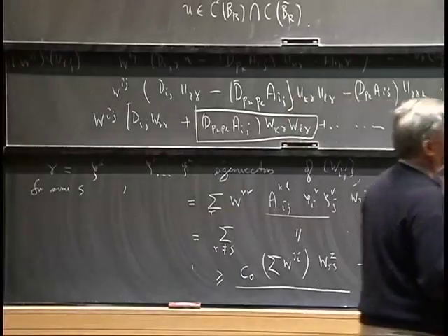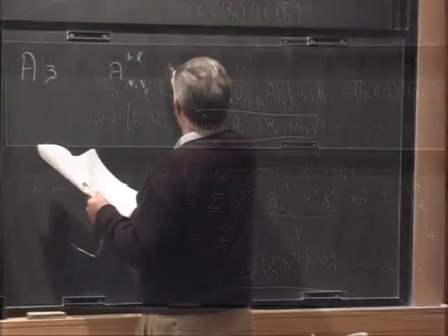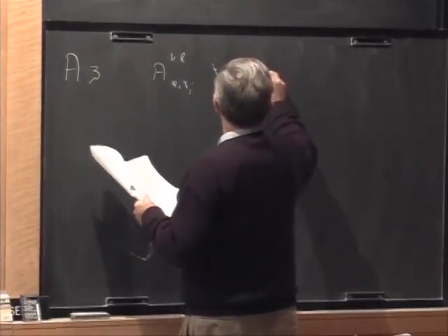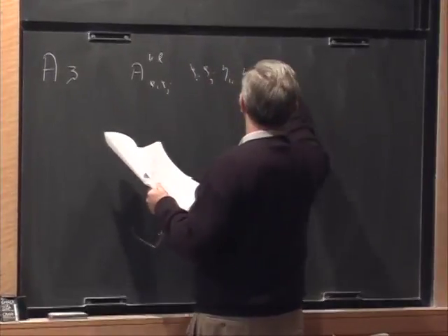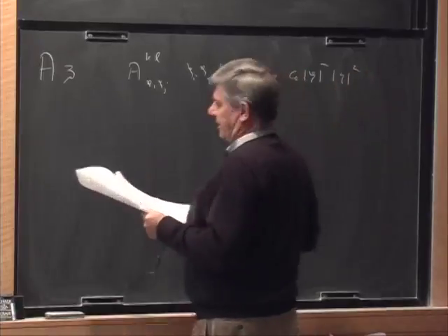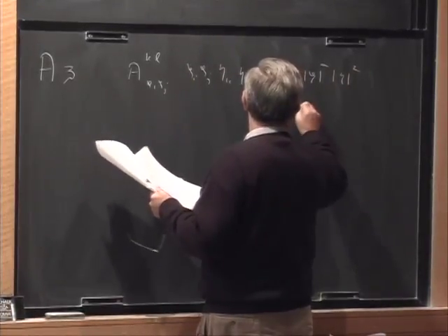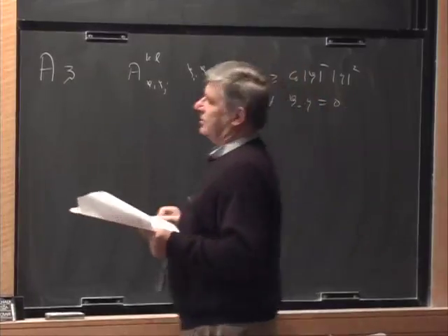So let me now add this to our conditions, and we'll call this A3. A, KL, psi I, psi j, eta k, eta L, greater than or equal to some C0, and I'll just write psi squared, eta squared there, for all psi dot eta equals 0.